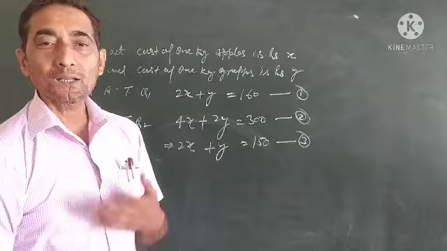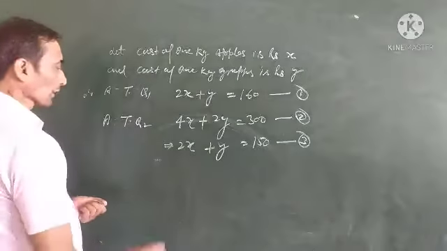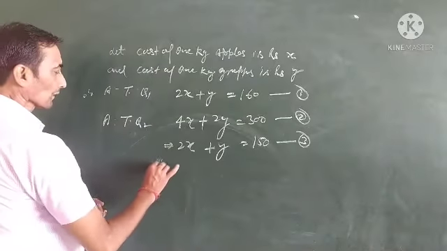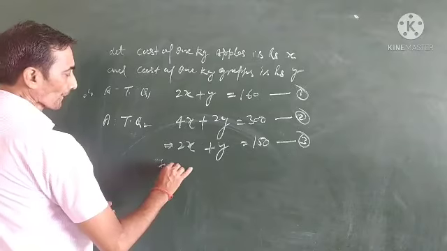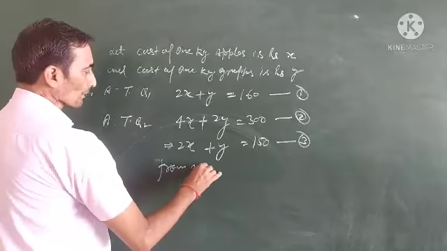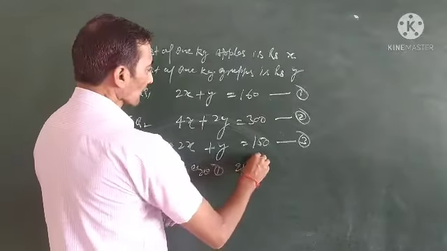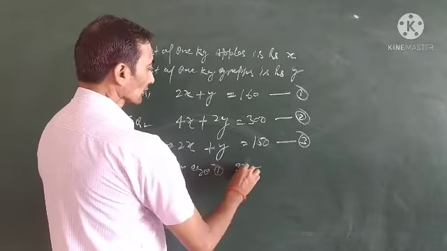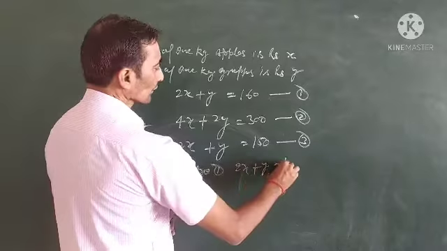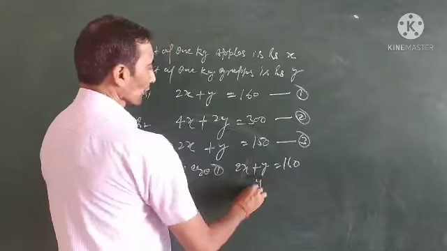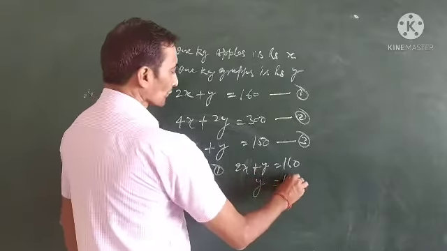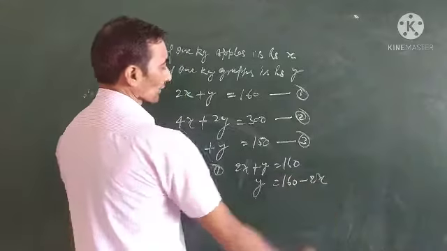That means graphically show. From equation number first, 2x plus y equal to 160. Now y equal to 160 minus 2x.